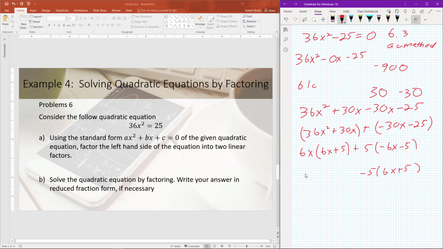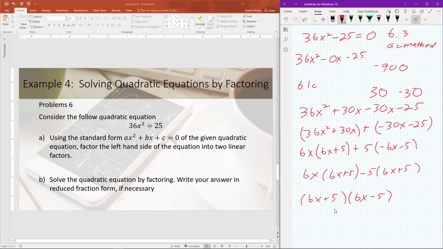Now I can bring the other one down. That will give me 6x times the quantity 6x plus 5, and now I have two terms with a common binomial factor. I can factor that common binomial factor out, and that will give me 6x plus 5 times 6x minus 5.